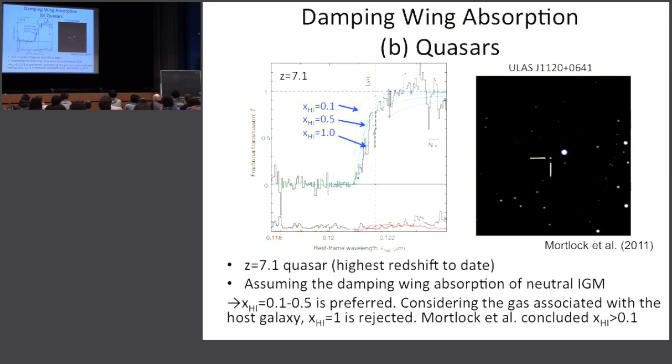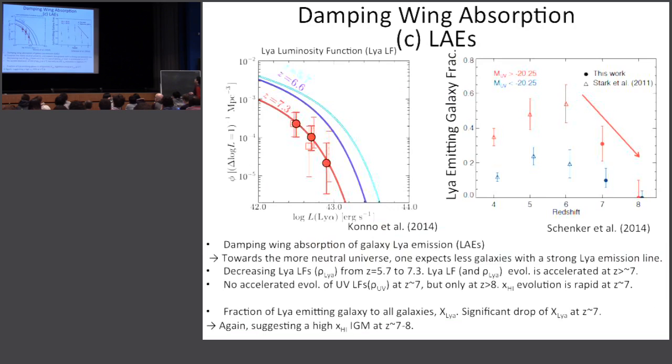But various studies identify that this feature probably indicates the neutral hydrogen fraction should be greater than about 10% at redshift 7.1.